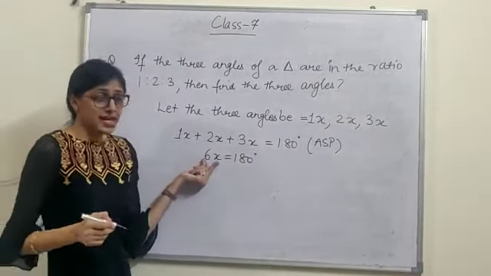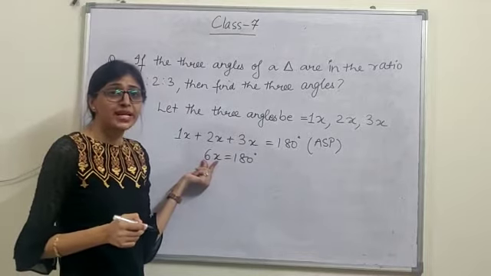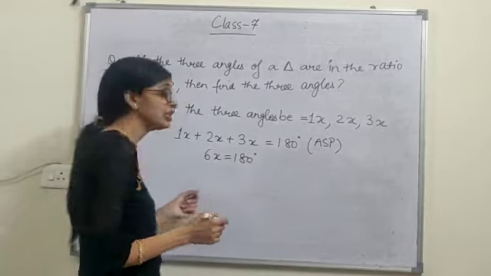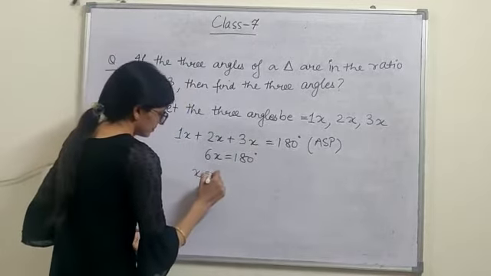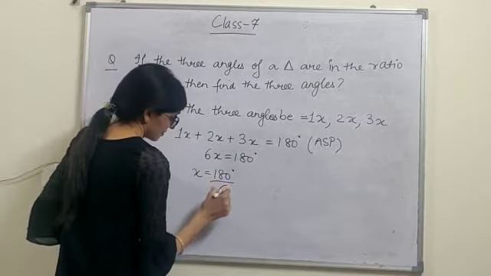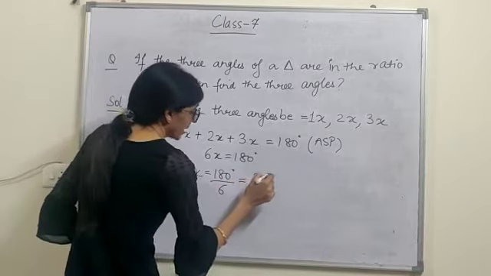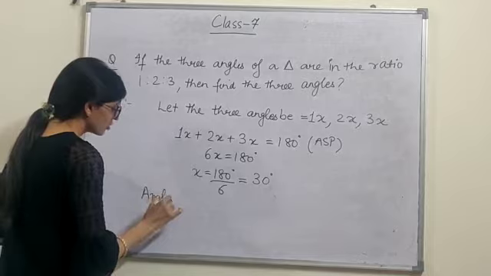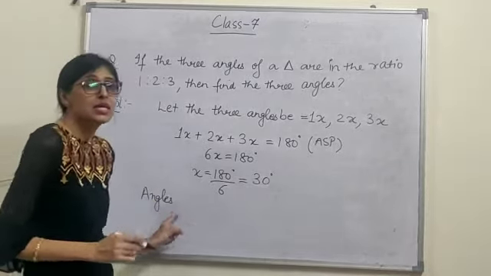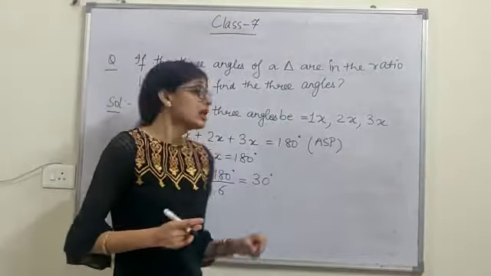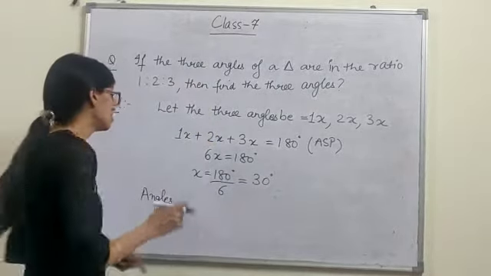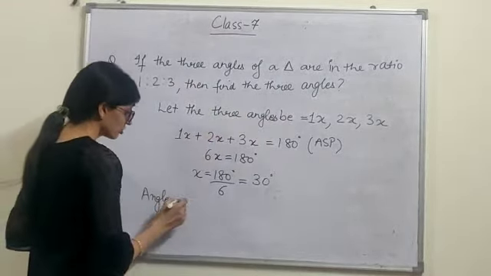When this 6 in multiplication from the left hand side goes to the right hand side, it comes into division. It comes out to be 30 degrees. Now find out the angles. Don't forget to find out the angles because sometimes a student does the question till here and doesn't find out the final angles. So you have to find out the angles also.